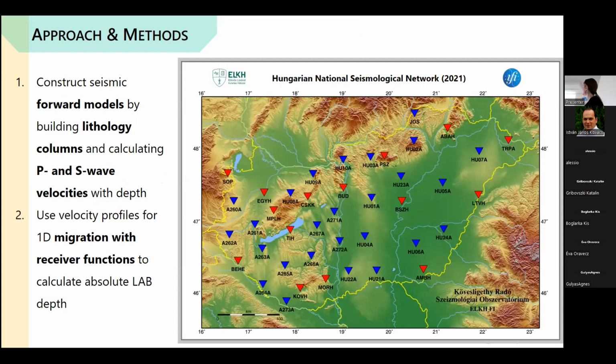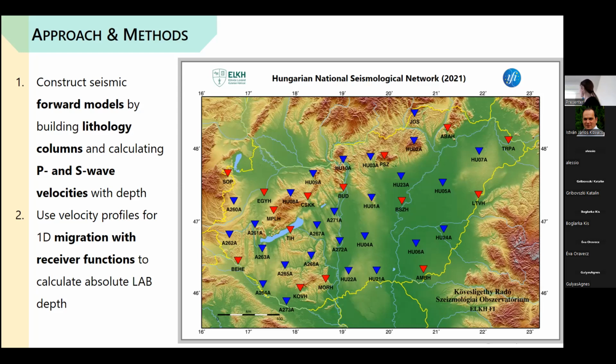So we are doing this by constructing seismic forward models. This means that we first build a lithology column or lithology columns and then calculate P and S wave velocities for as many seismic stations as we can, and then use these velocity profiles for 1D migrations on the receiver functions to calculate an absolute LAB depth.